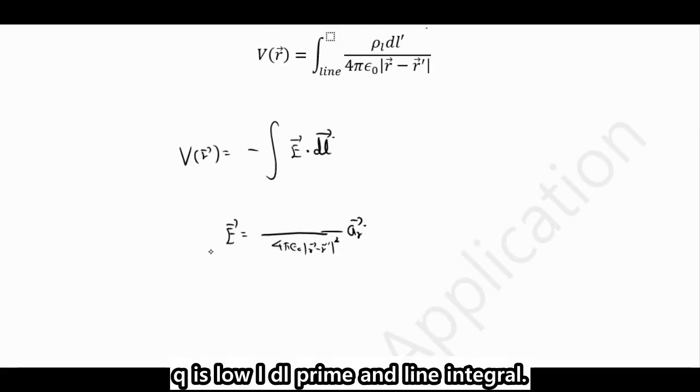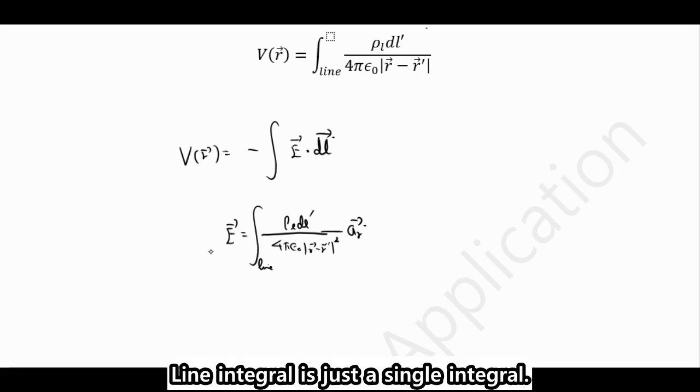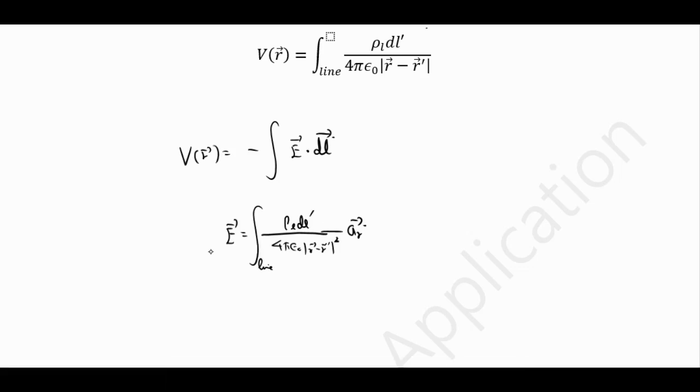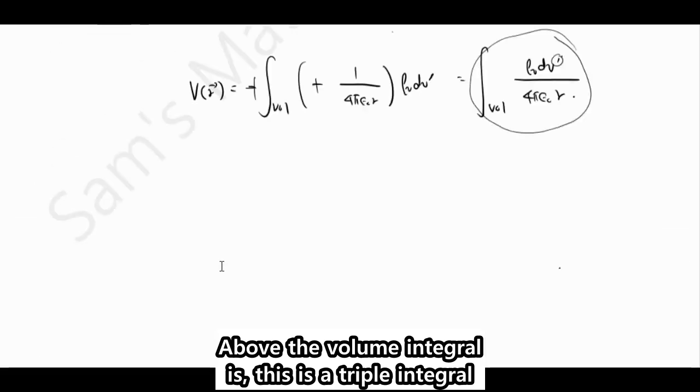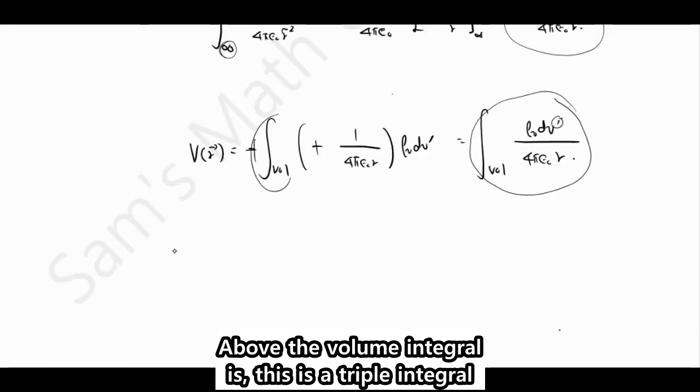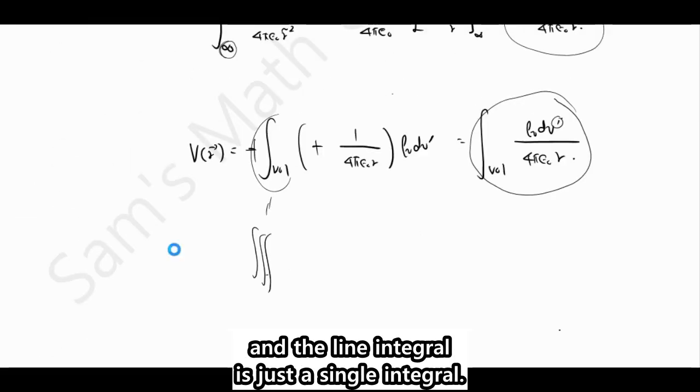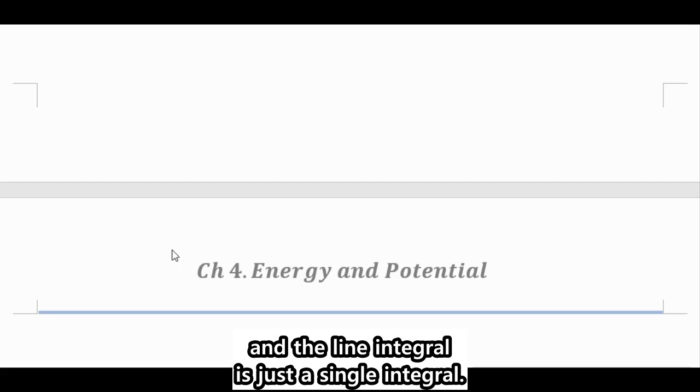This Q is rho l dl prime, and this is a line integral. The line integral is just a single integral, while the volume integral is a triple integral.